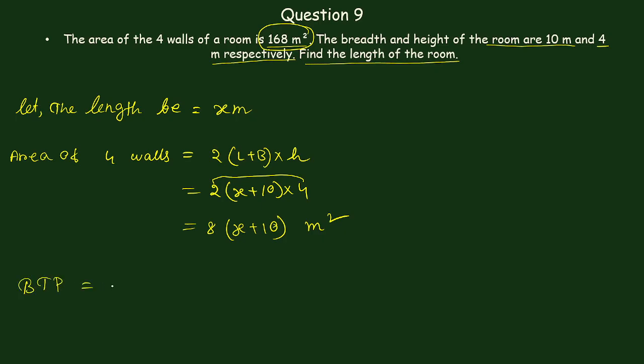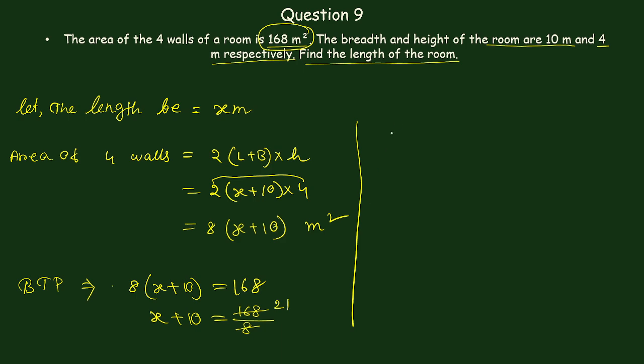So by the problem, 8 into (x plus 10) is 168. So x plus 10 will be 168 by 8, that is 21. So x plus 10 equals 21.